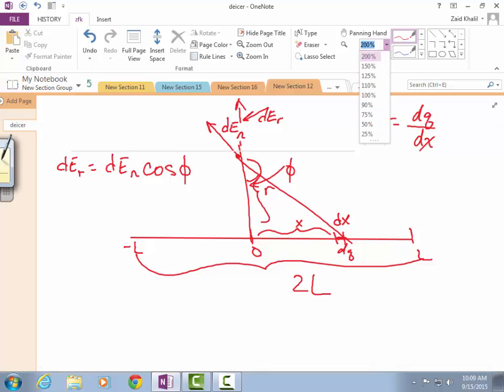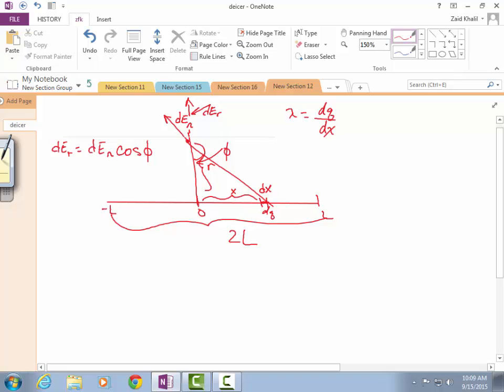Now I'll zoom out a little bit to 150. All right, so dE little r is equal to what? Well, what's dE script r equal to?